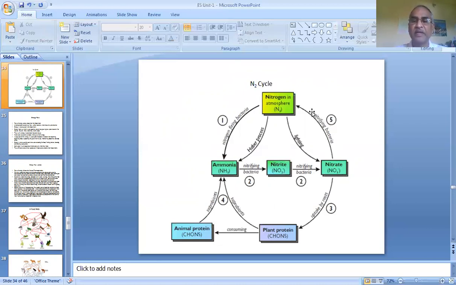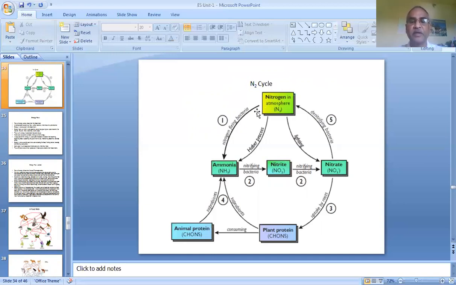Denitrifying bacteria take care of the decomposition of nitrate into atmospheric nitrogen, so elemental nitrogen. So this is how the cycling of nitrogen takes place.